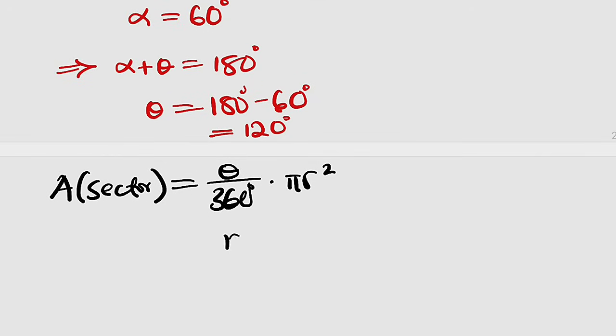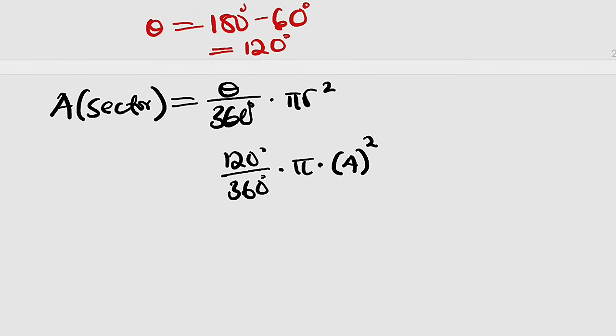Well, theta is 120 divided by 360 multiplied by pi multiplied by r squared, which is 4 squared. 120 divided by 360 is 1 over 3, and this is 16. So we have 16 over 3 pi meters squared. So this is the area of one of the sectors.